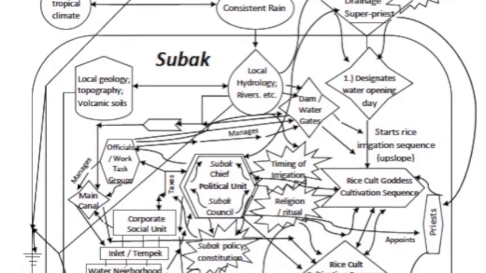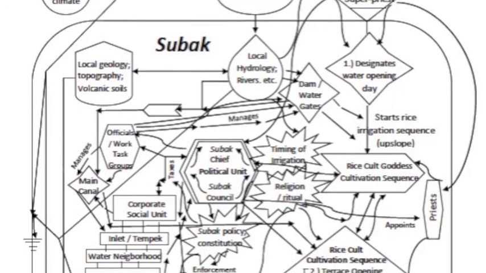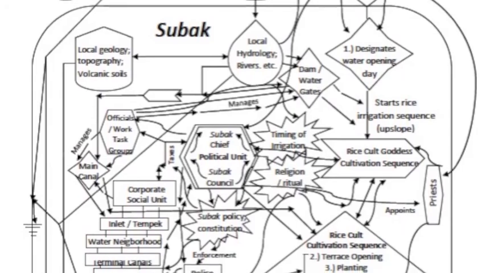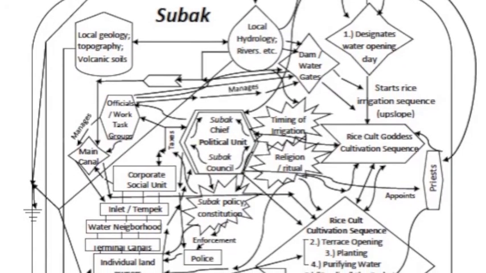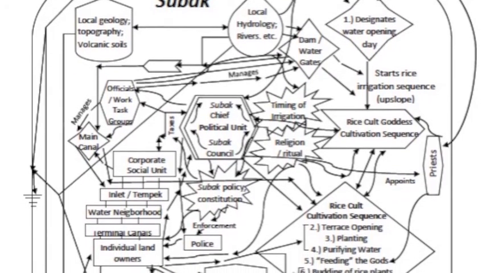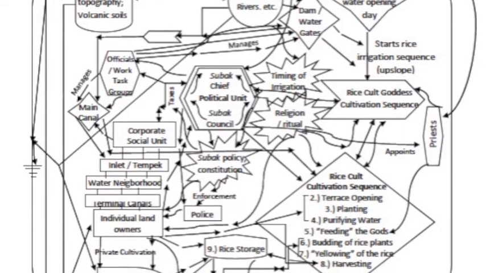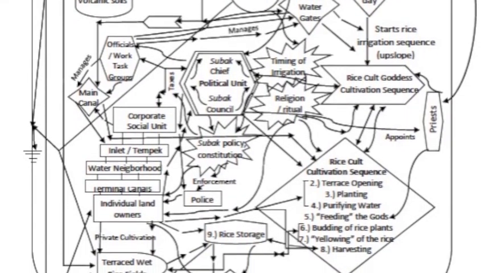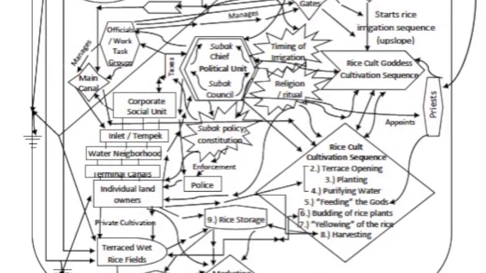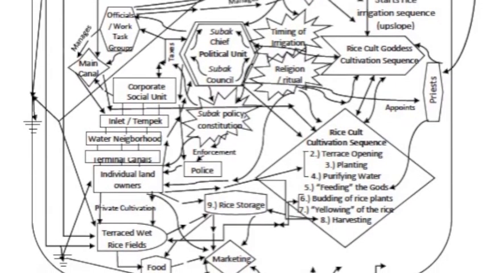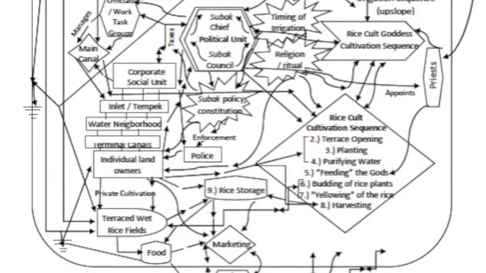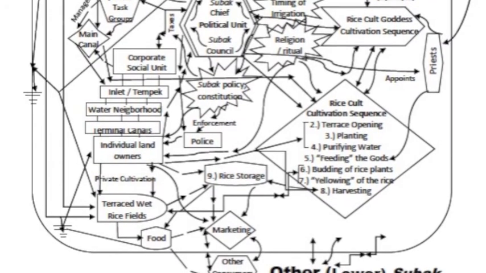And it covers a whole system's perspective from geology, topography, hydrology, the management of the canals and weirs, the religious authorities responsible for rice cultivation and harvesting, and it goes all the way down to marketing and food production.